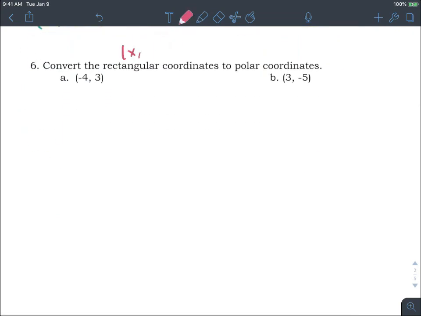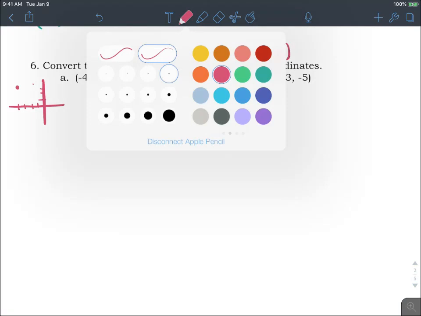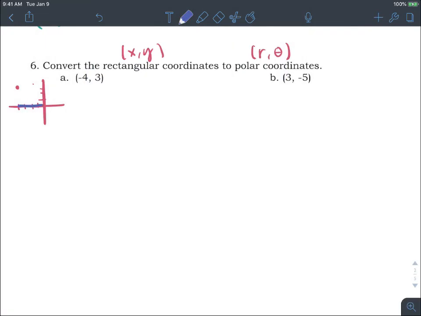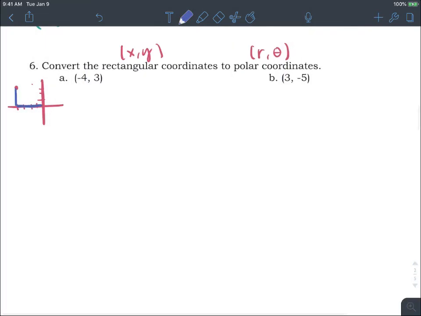And now we're going to convert the other way, so x comma y to r comma theta. Again, let's just graph these in a little sketch. 1, 2, 3, 4. 1, 2, 3. So I'm moving over 4 and up 3, so negative 4 and 3.